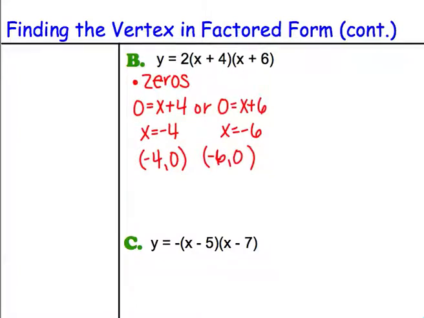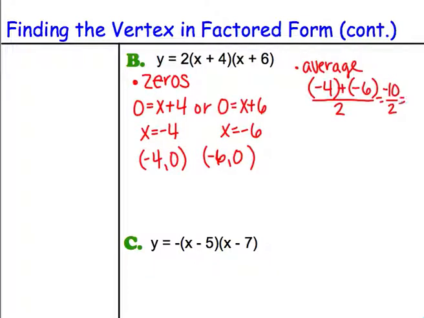Then we average those. Negative 4 plus negative 6 is negative 10, divided by 2 is negative 5.